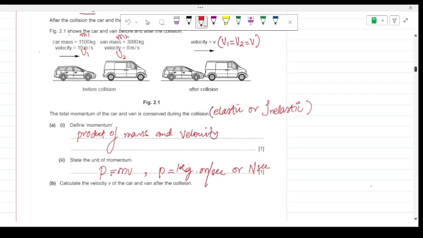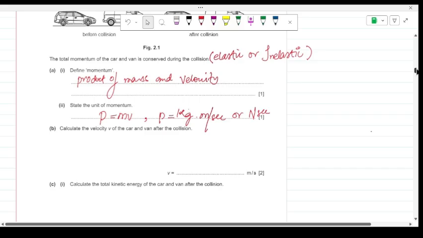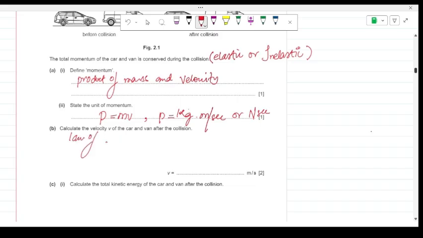Calculate the velocity of the car and van after the collision. So we have to calculate the common velocity, when the two objects are stuck together. To calculate the common velocity, we have to use the law of conservation of linear momentum, as the examiner told. The total momentum of the car and the van is conserved during the collision.